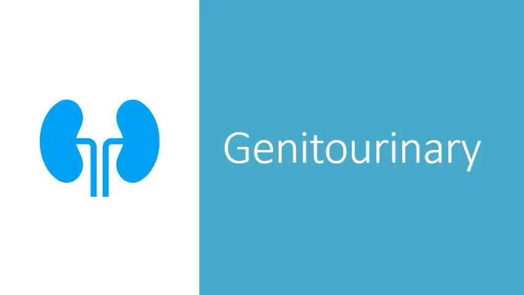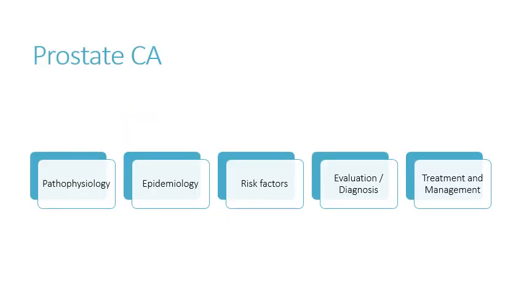The next category is genitourinary. Prostate cancer is one of the cancers that is relatively prevalent. However, the mortality of prostate cancer is relatively low. There are many factors that can affect development of prostate cancer, such as diet and heredity.